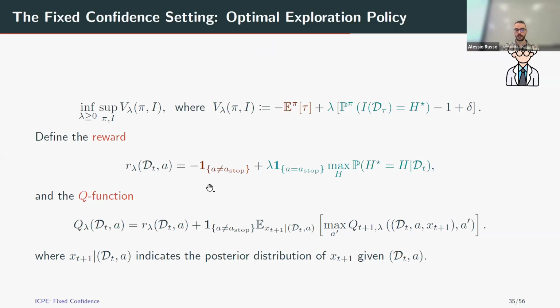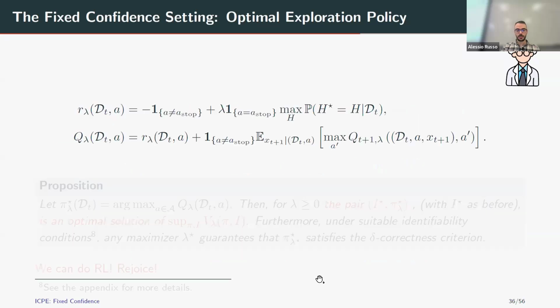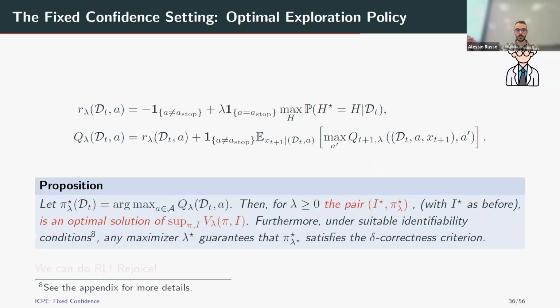Defining this reward allows us also to define this Q function, which is simply the reward plus the value of not stopping. And given this Q function, it's possible to show that the policy that maximizes this Q function is a solution of the dual problem.